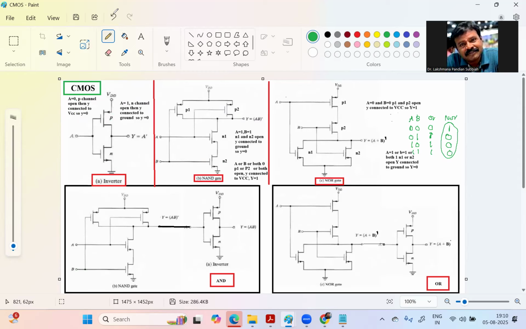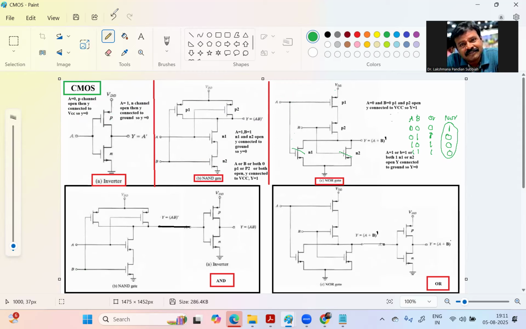Now if A is 0 and B is 0, then N1 and N2 are closed.